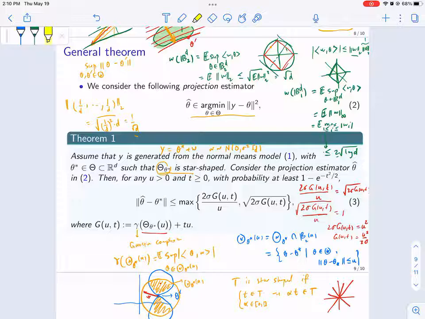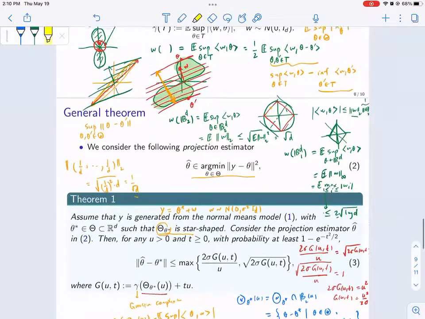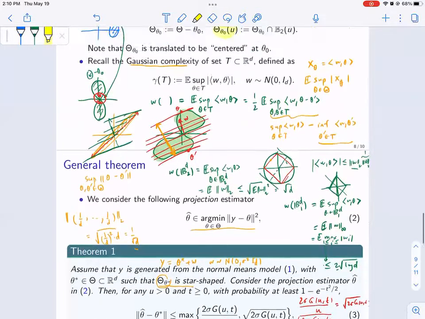And the Gaussian complexity was this quantity. For a set, the Gaussian complexity is defined as the expectation of the supremum of the absolute value of the linear function of theta, where the direction of the linear function is a Gaussian vector.